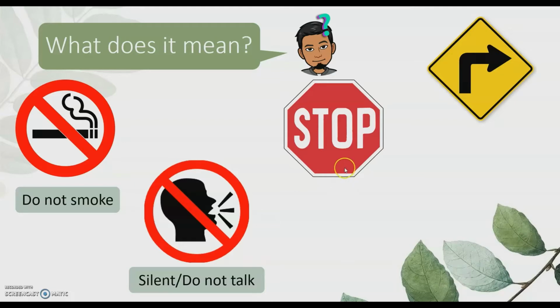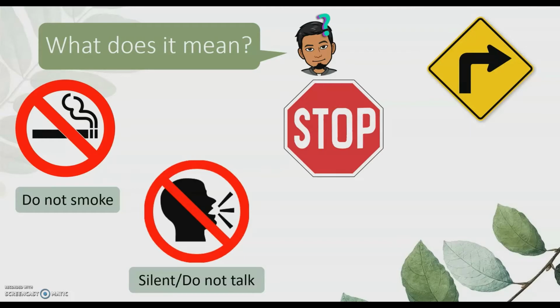Okay, now for the third sign. The third sign is the red one. It's red and it has many angles and there is the word stop at the center. So what does it mean?